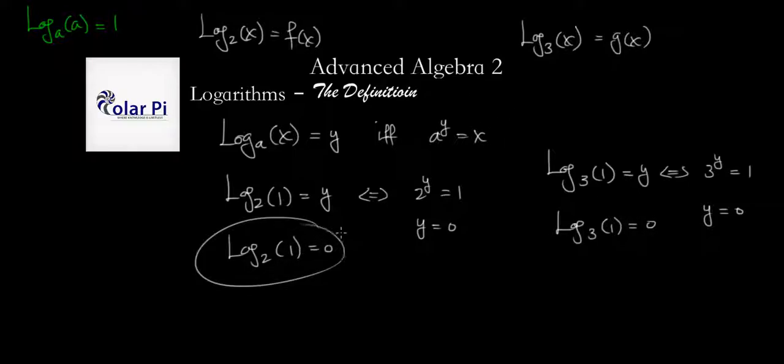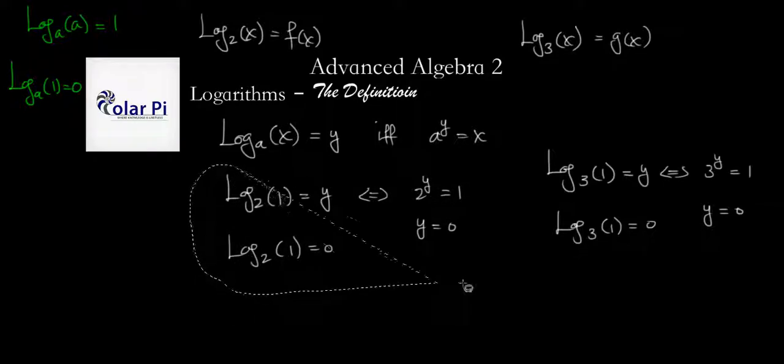We don't even have to say log base a of 1. You can try it on your own, but it's pretty clear now that log base a of 1 is equal to 0, regardless of the base a. A nice other thing to conclude more generally.